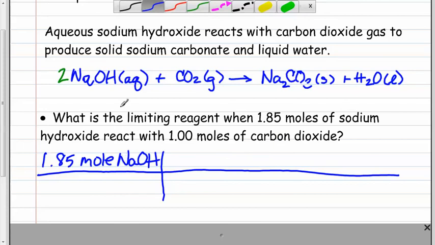Using my balanced equation, I know that 2 moles of sodium hydroxide react with every 1 mole of carbon dioxide.